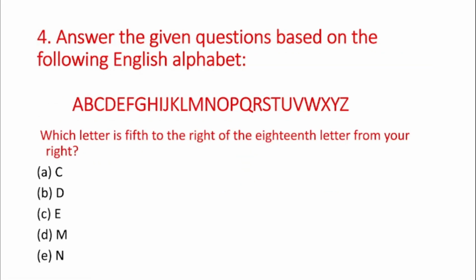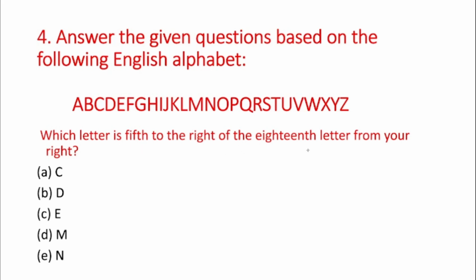Yes. And the last type in this session. Answer the given question based on the following English alphabet. Which letter is fifth to the right of the 18th letter from your right? To solve this, we need to first find the 18th letter from your right.